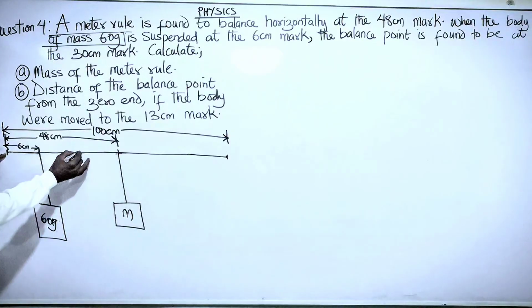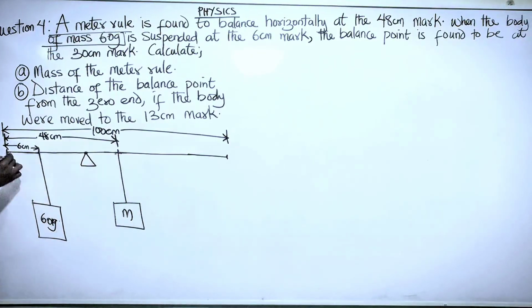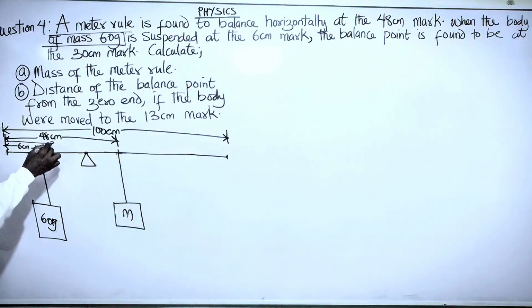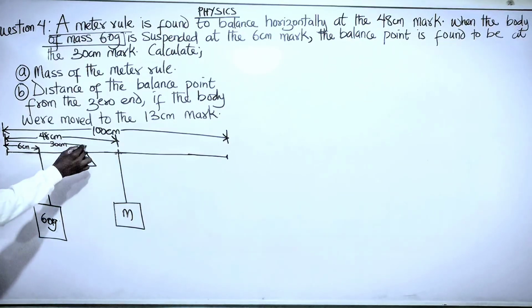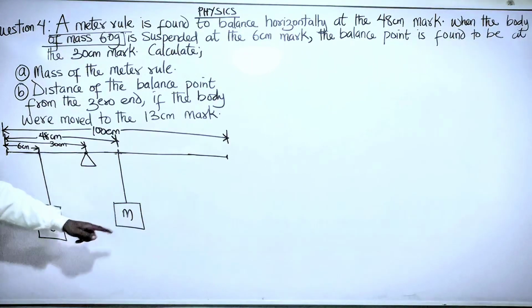So from here down was 30 cm as our balance point. Beautiful, right? So we're asked to calculate the mass of the meter rule.